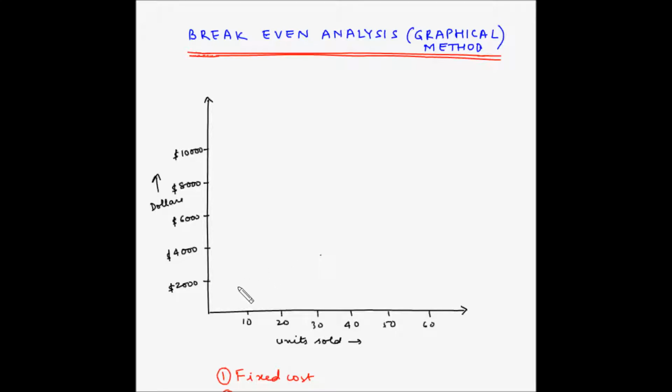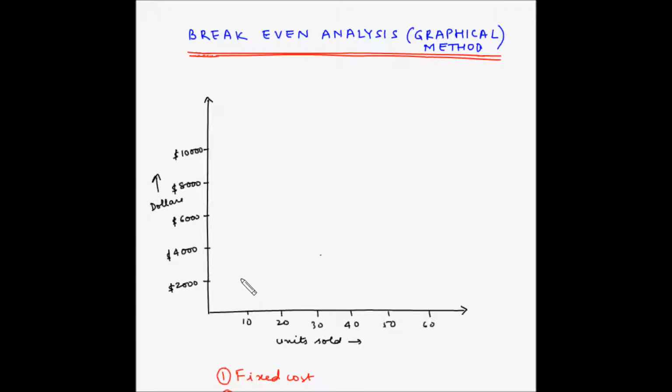So on the graph, if we have to plot the line, basically the cost will be the same if the number of units sold is 10, 20, 30, 40, 50 or 60. So what this gives us is a straight line parallel to the x-axis.